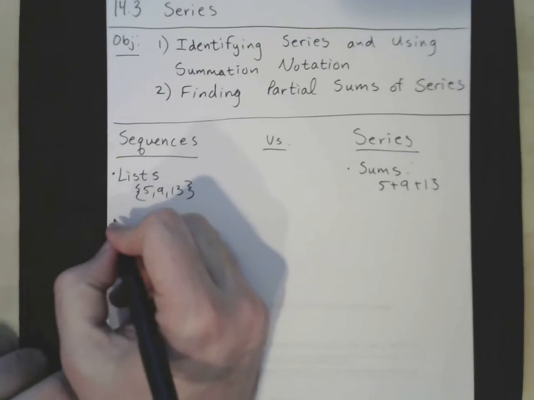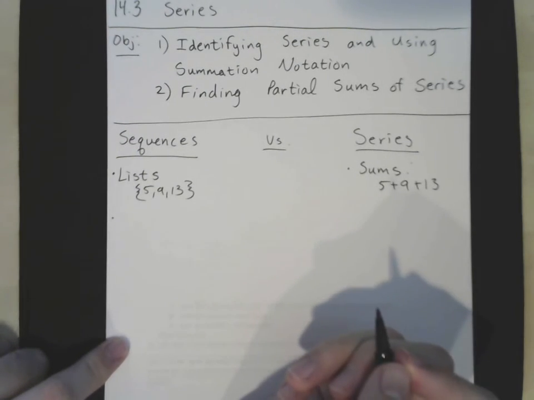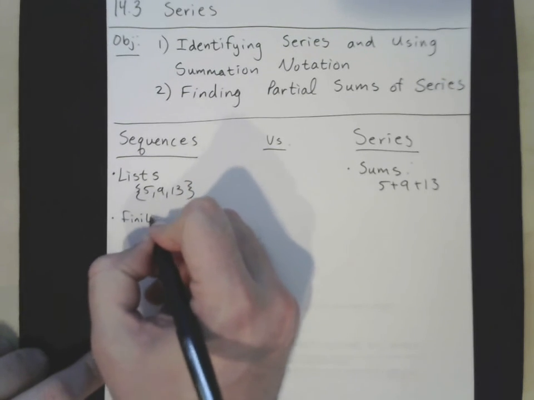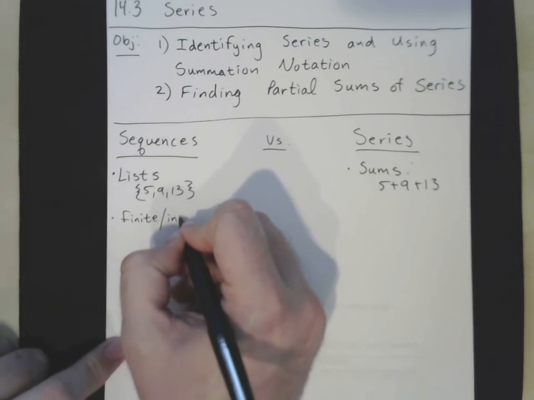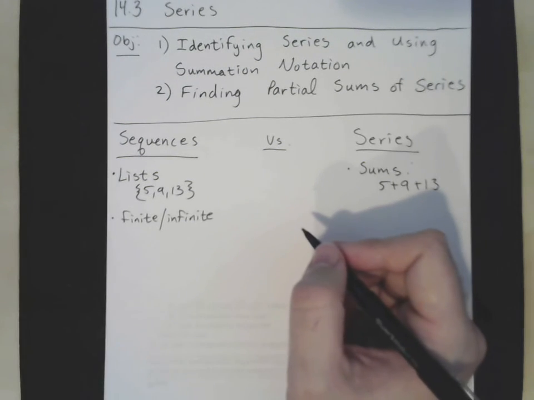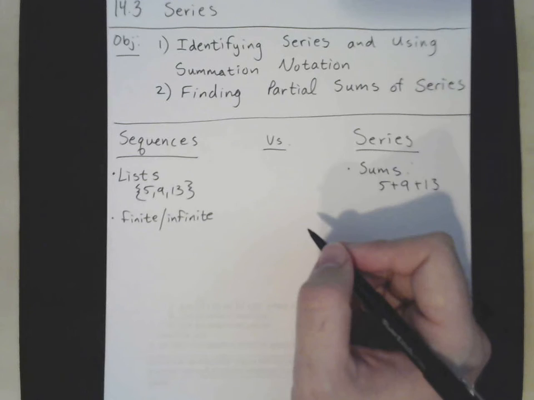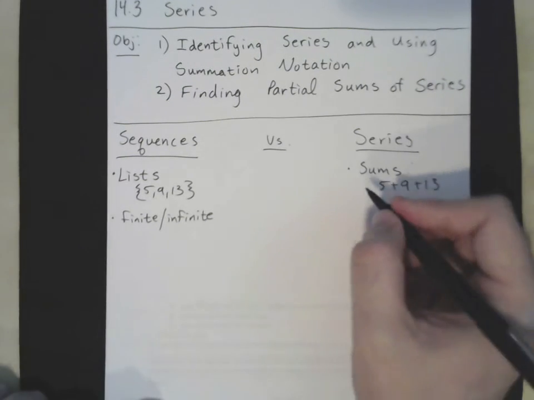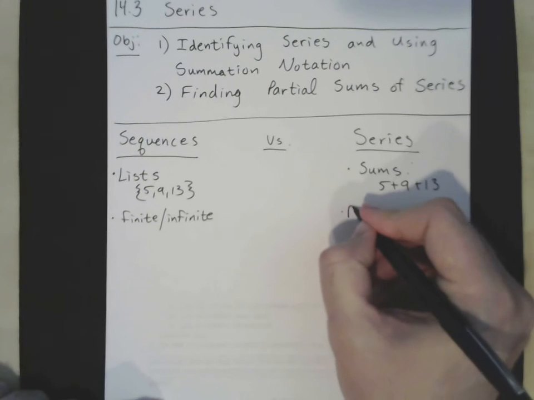So that's their biggest difference. Sequences we know can be finite or infinite. And series can also be finite or infinite.